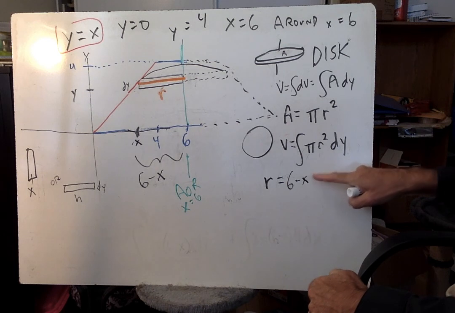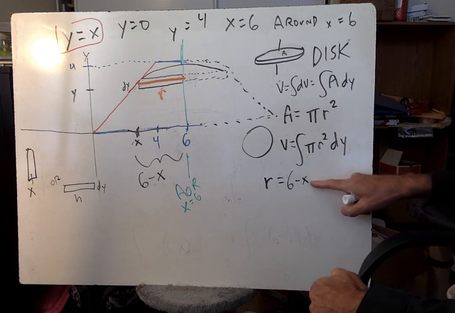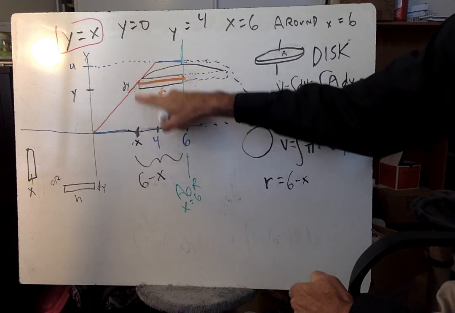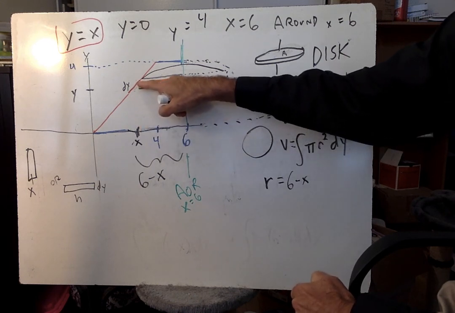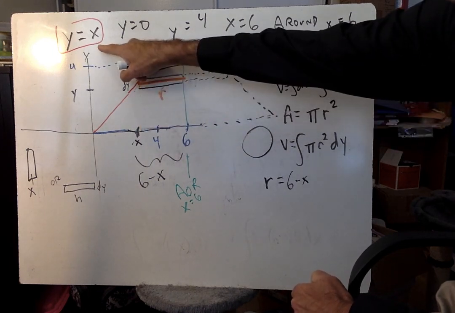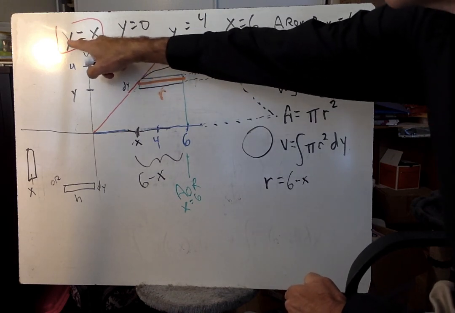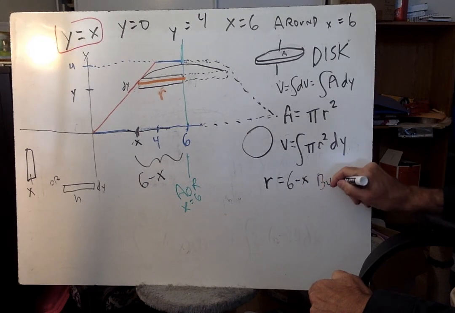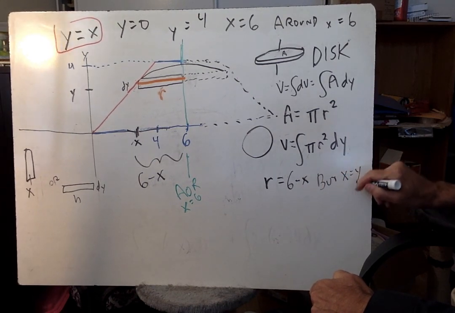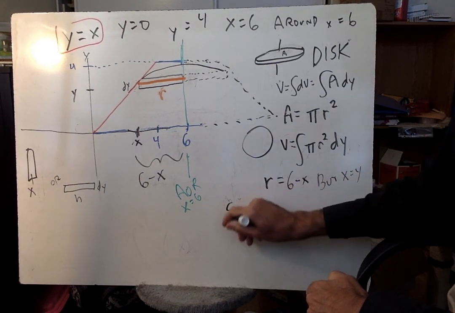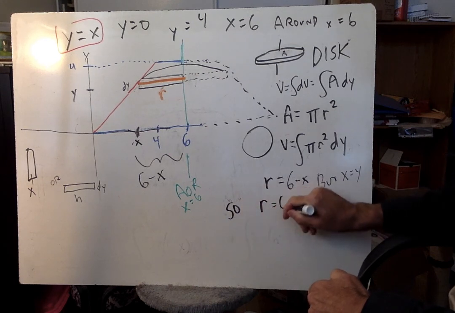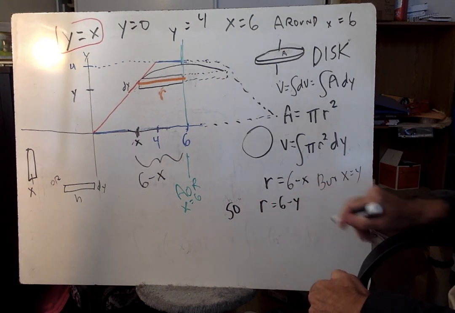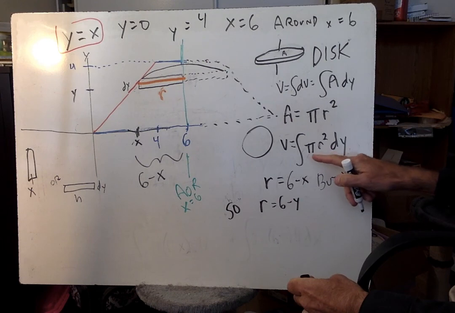The problem is that's a y, so an x isn't going to be good enough. We notice that that x value is right on the red line, and the red is in the red box here. That's where x equals y. So we write r equals 6 minus x, but x equals y, so r equals 6 minus y. And with that, you'll now have an integral you can do, because all the letters will be y.